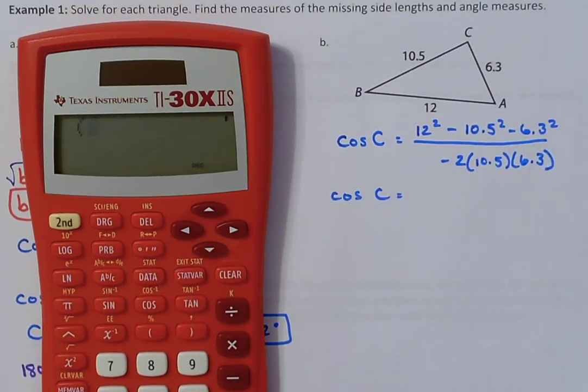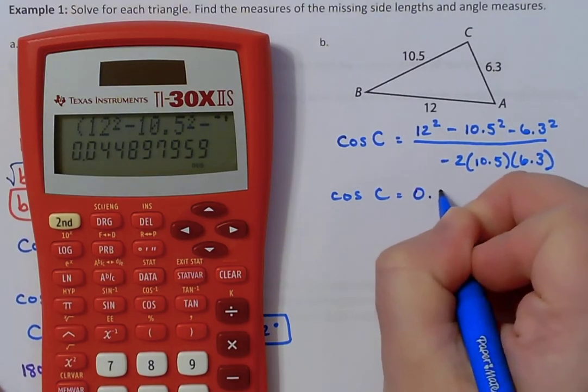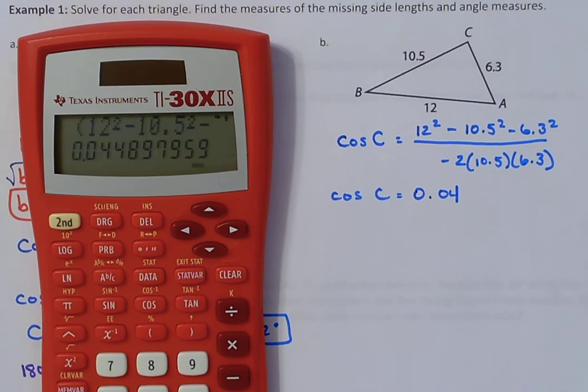So parentheses 12 squared minus 10.5 squared minus 6.3 squared, end parenthesis, then divide, and we're going to do parenthesis negative 2 times 10.5 times 6.3. And when we do that, you should get 0.0448. So we're just going to write this as 0.04. So the cosine of C equals 0.04.